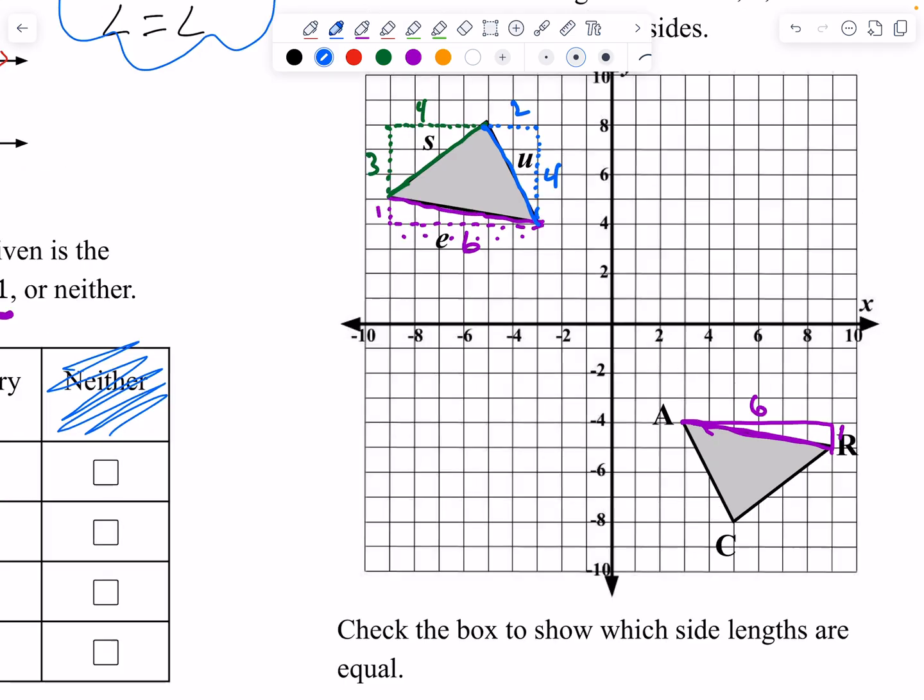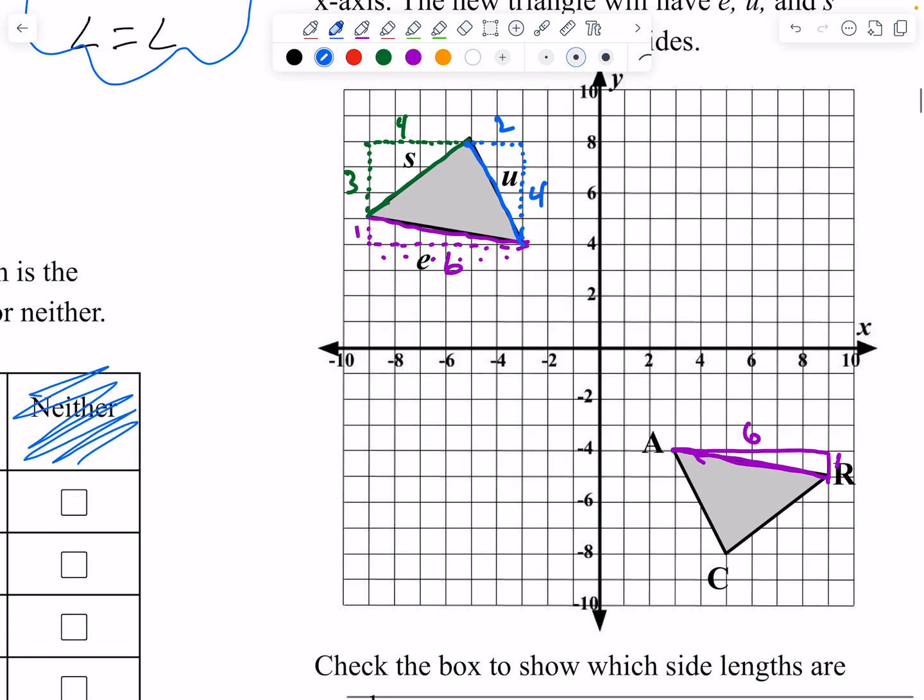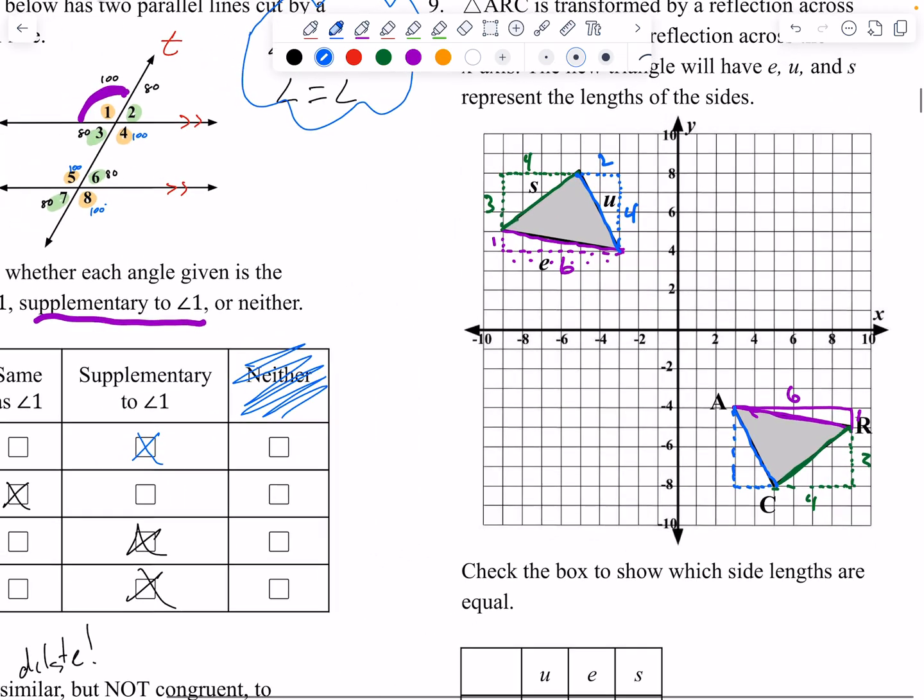So now if I look at my other triangle, my green one's a 3 by 4. So this one looks like I'm going to have 3 by 4. So yep, there's my green, which means that my blue one is a 2 by 4. Can you see it? There's my 2 by 4. All right. So there I matched it up.